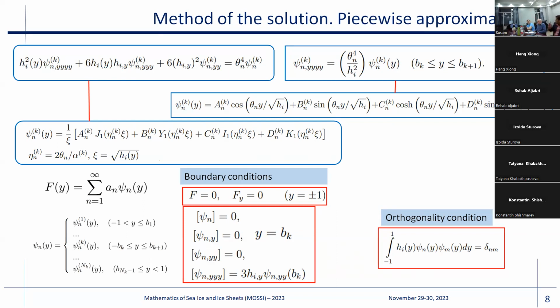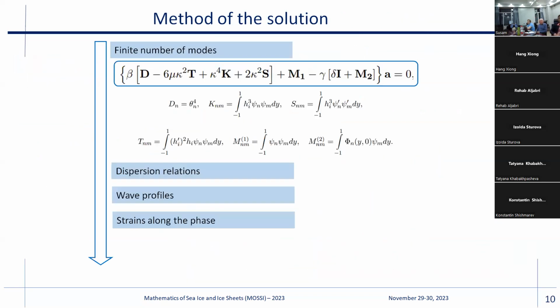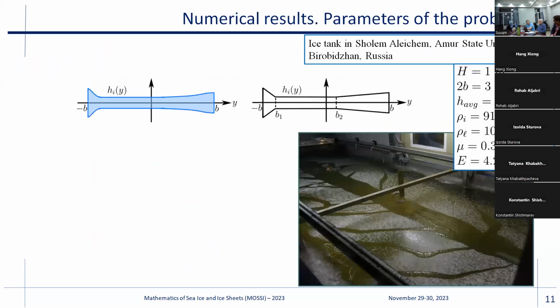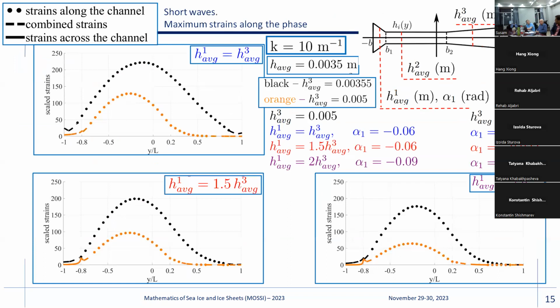Thank you. I have a question. How do you consider short waves and long waves? It's a good question. I said that by short waves we mean maybe 5, maybe 10 times less than the width of the channel.